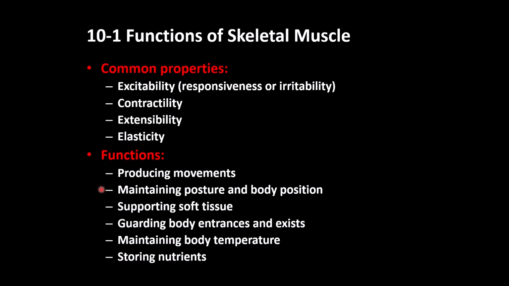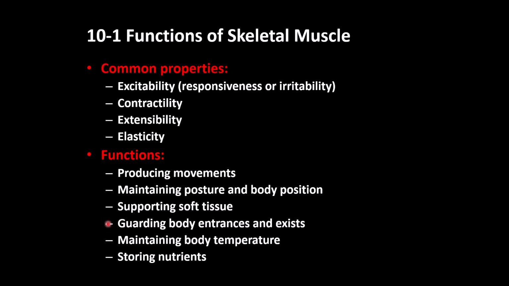That's how your head is up when you are awake. The contraction of back muscles is how it keeps your posture. The contraction of leg and thigh muscles is how you are standing. So different body postures.